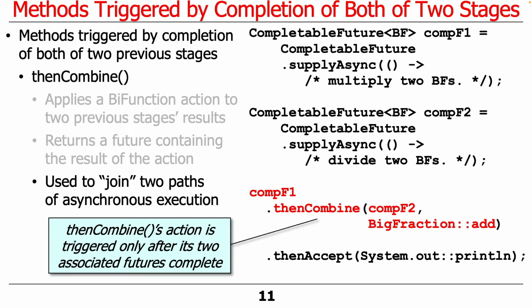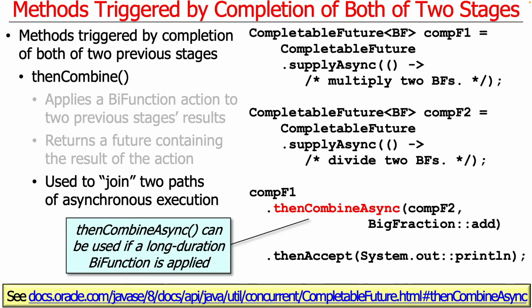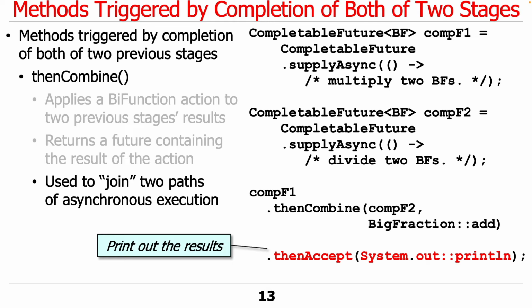We forked off two asynchronous tasks. They run in the background. When they're both done, we add the results together. And then we're going to print the results. So we're going to use thenAccept to print the results when all is said and done. This particular example is pretty cool because it's illustrating how you can fork the computations and then wait for them to be finished.